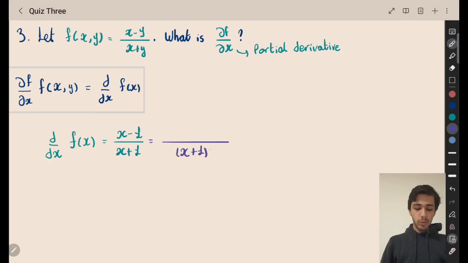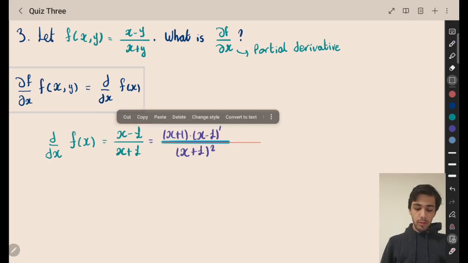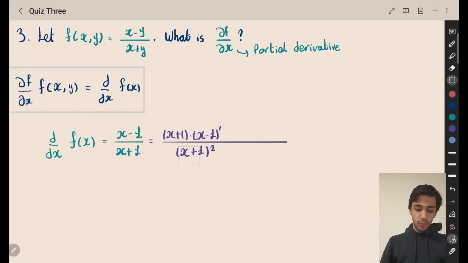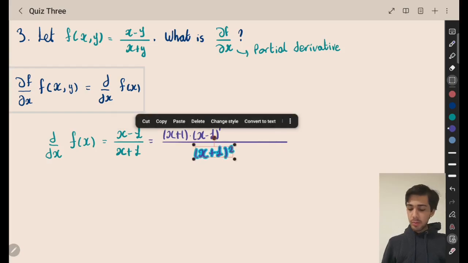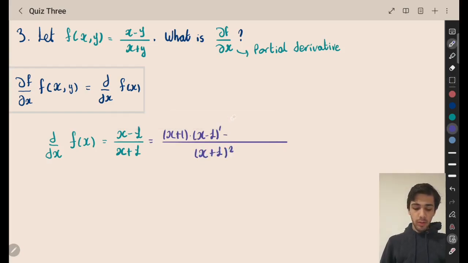You get x plus 1 squared at the bottom, and then you have x plus 1 times the derivative of x minus 1. This prime symbol is for the derivative, and then you take away x minus 1 times the derivative of x plus 1.